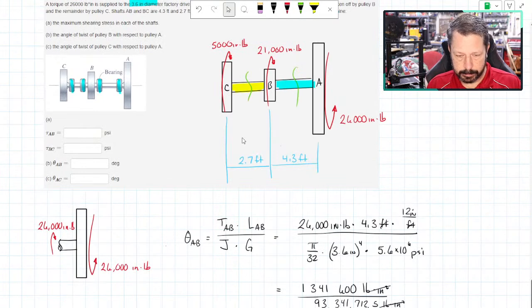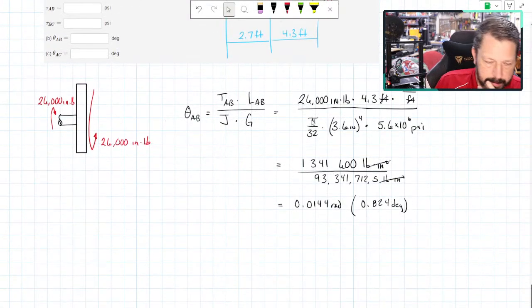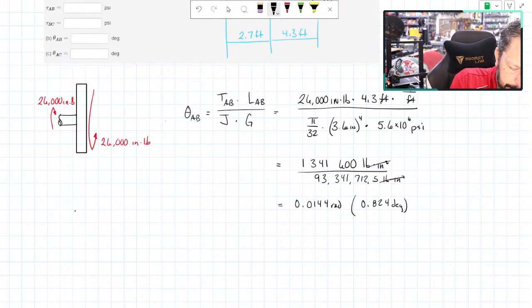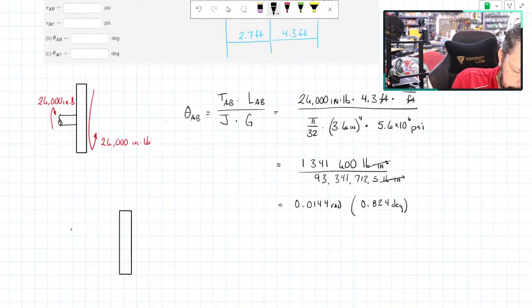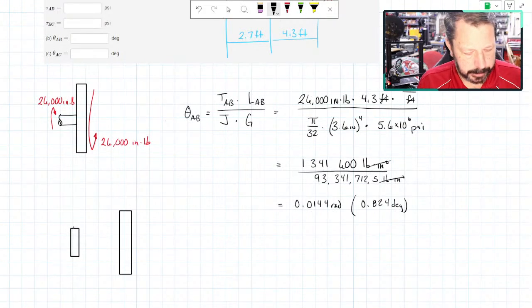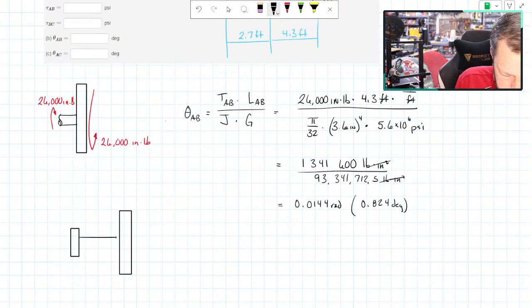So let's draw section AB split where I drew that green line. So we would have, we'll move it over this way a little bit. So there's A. We would also have B somewhere over here. And then we would have the shaft that goes between them.